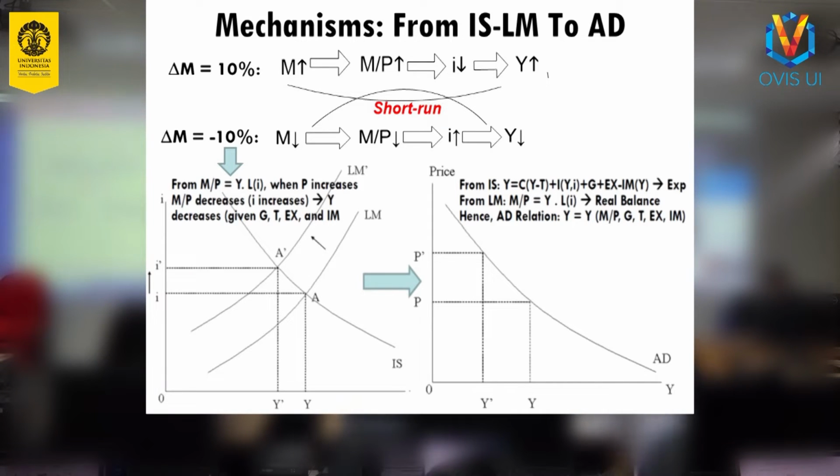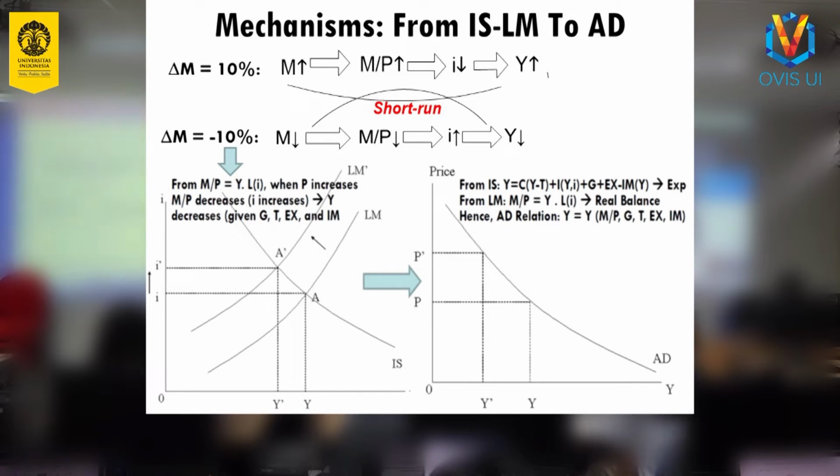M over P decreases, an indication that what? What happened with the price? If it is decreased, it's increased, right? So that is the beginning of the relation between interest rate and the price.